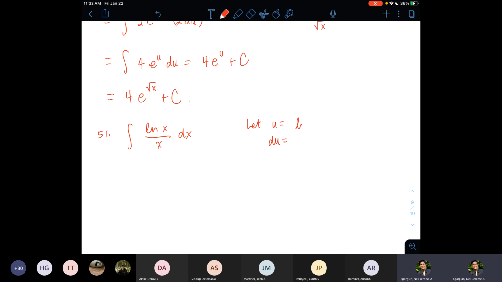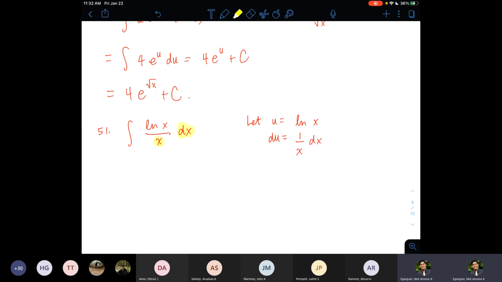I guess this is one of those cases that we should let u be equal to the numerator and hope that the denominator will give us the appropriate du, okay? And that's fine because remember that the derivative of ln x happens to be a fraction, and that's 1 over x dx. So if I insist on using u equal to ln x, then du can be attained by having a 1 over x dx in the integrand.